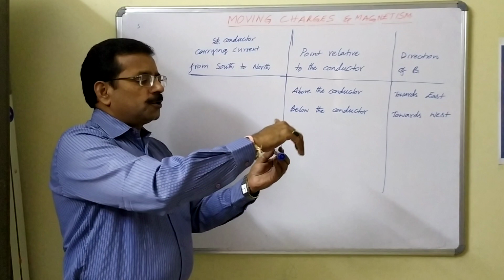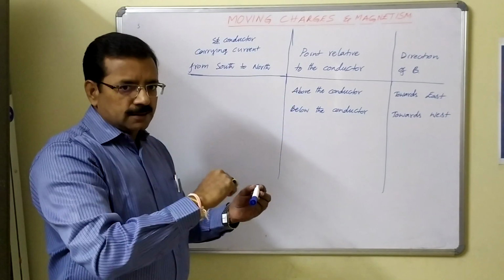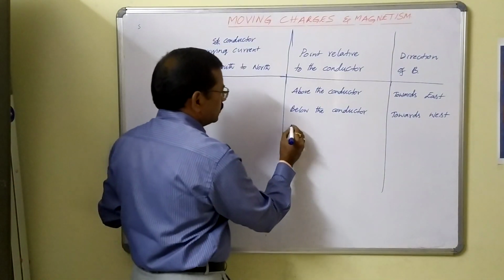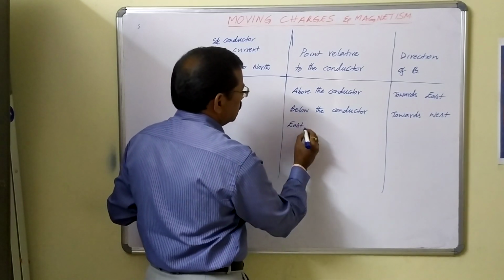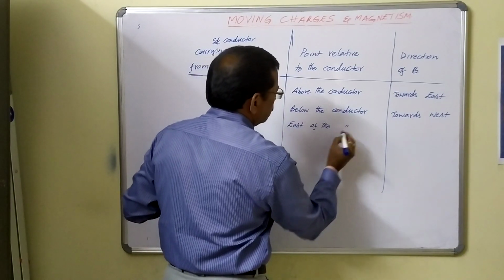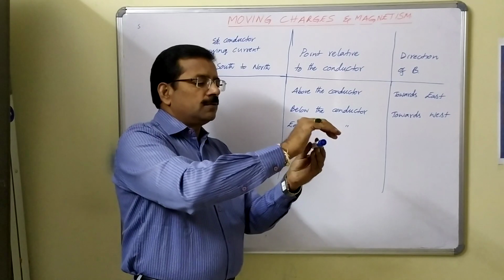How about a point to the east of this conductor, that is to the right side of this conductor? At a point to the east of the conductor, the field lines take a curve like this.